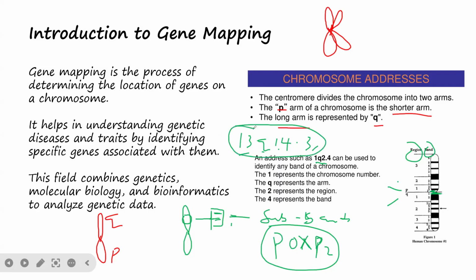In simple terms, gene mapping is a process of determining the location of genes on a chromosome. Gene mapping helps in understanding genetic diseases and traits by identifying specific genes associated with them.